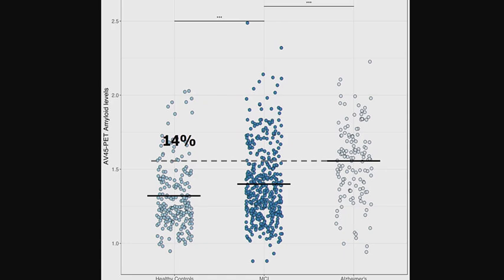However, 14% of the controls have higher amyloid levels than the mean in the Alzheimer's group, and 17% of the people with Alzheimer's have less amyloid than, on average, the controls do. So how do we understand these controls with high amyloid and these AD patients with very low amyloid? What does this mean? And for me, this calls into question this understanding that amyloid increase is a characteristic of Alzheimer's disease.